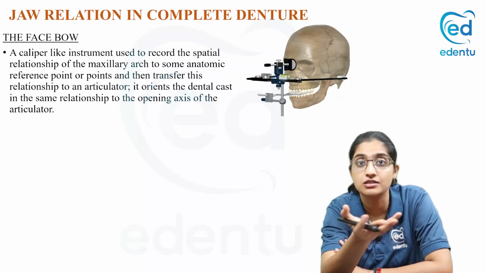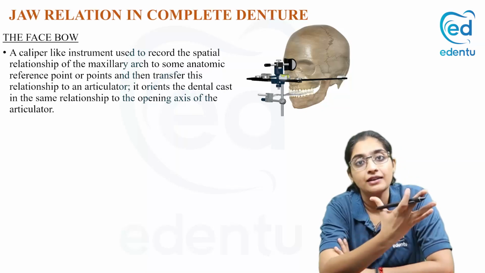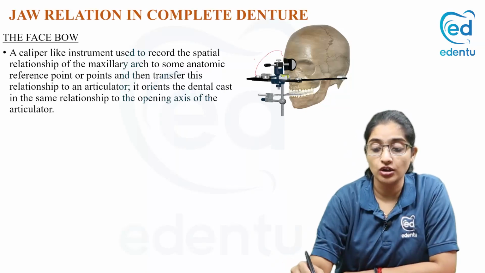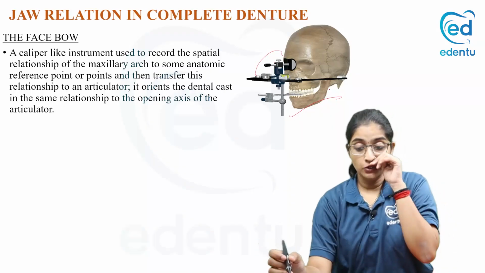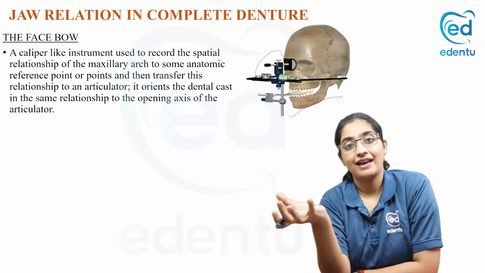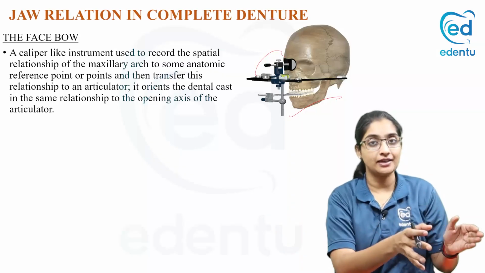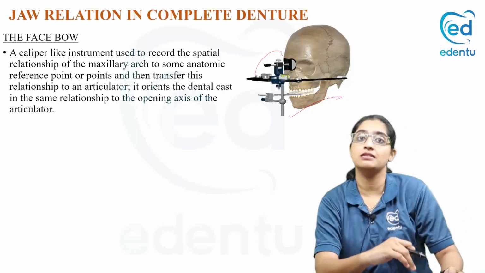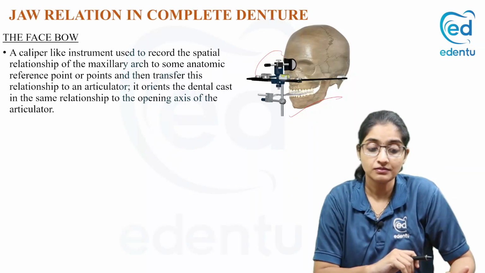You have to know the spatial relation. For that, you use something called a face bow. You use a face bow to record the positions, bring it and attach it to the articulator, and place the cast in the same relation as it is in the patient's mouth.